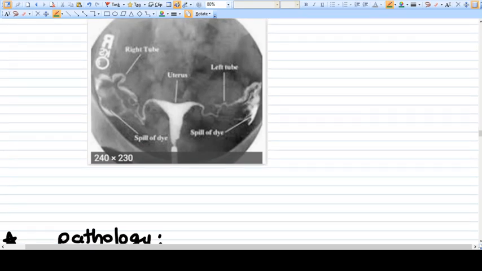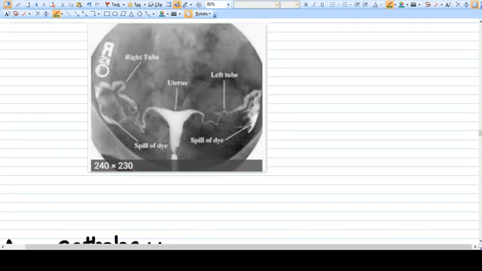You can see here, this is the uterine cavity. Now you want to see how the uterus exactly looks. The uterus looks like this. But what we can see is only the cavity. So the cavity is seen, and the tube cavity is also seen.